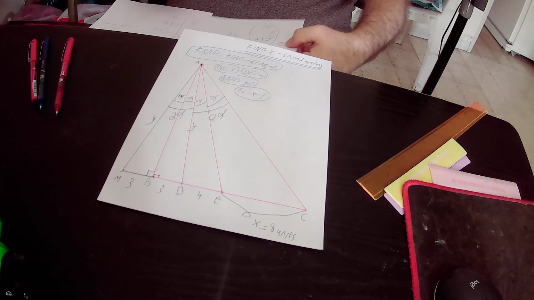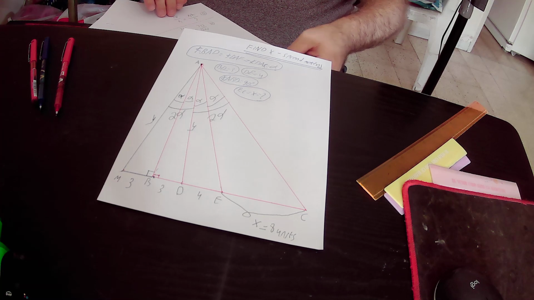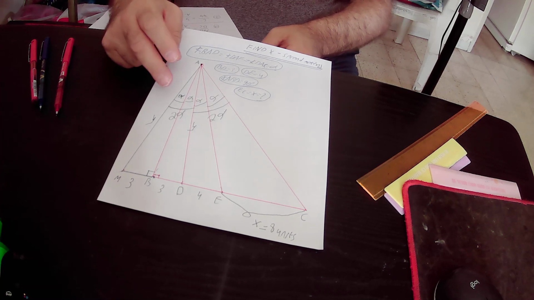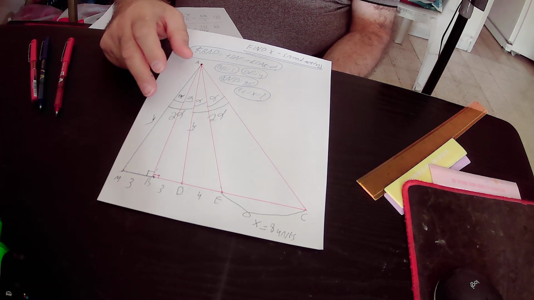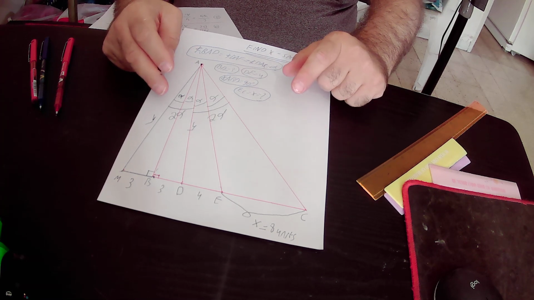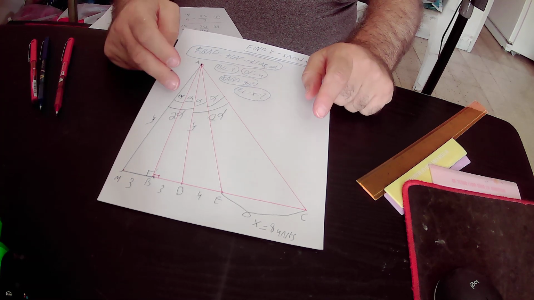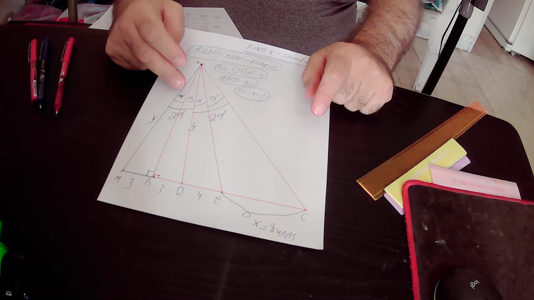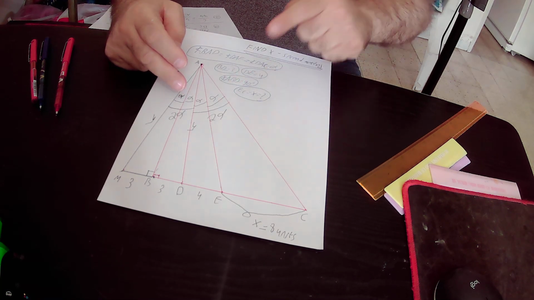Then we focused on the big triangle, triangle AMC. We know that AD is the angle bisector on triangle AMC. Why is AD the angle bisector? Because it bisects angle MAC into two equal parts, 2 alpha and 2 alpha.